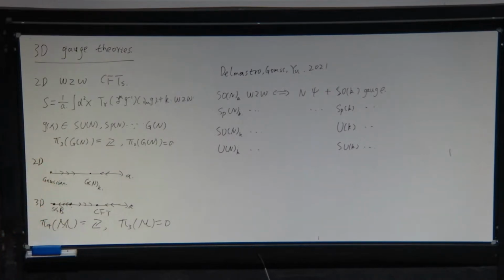And in some situations, the anomaly may not be able to be saturated by a TQFT. In the literature, that was called symmetry-enforced gaplessness. I think it was first discovered by Chong Wang and Senthil. I don't remember which year. It was Chong's PhD time.